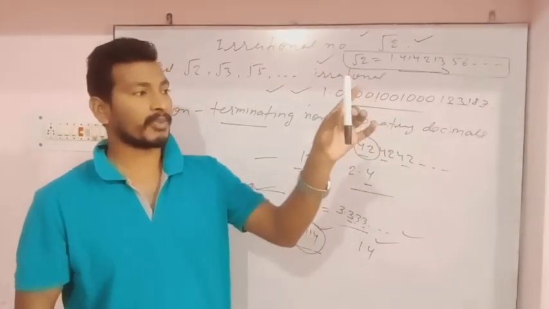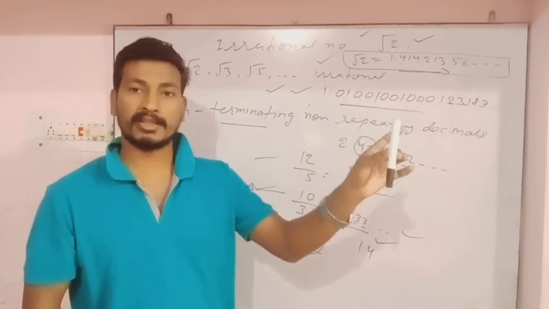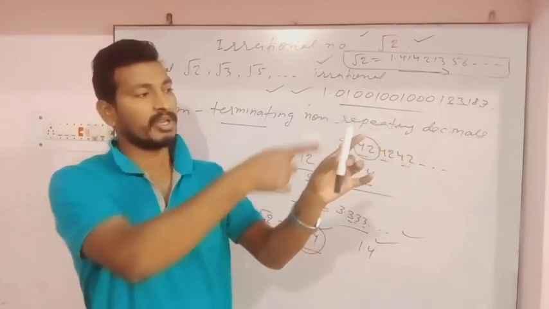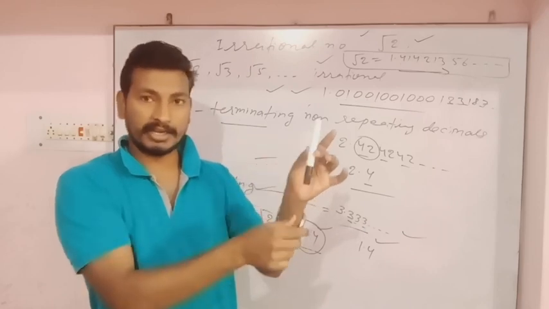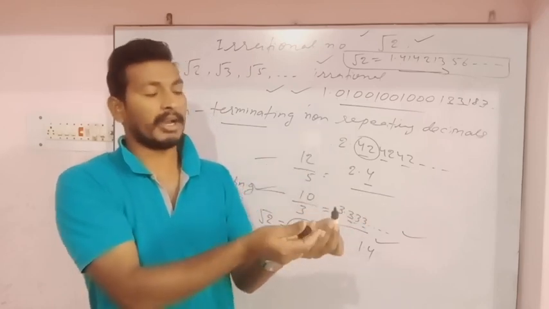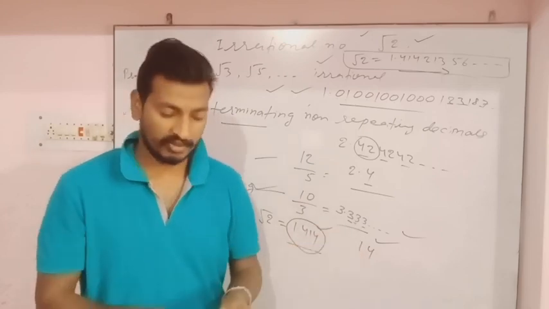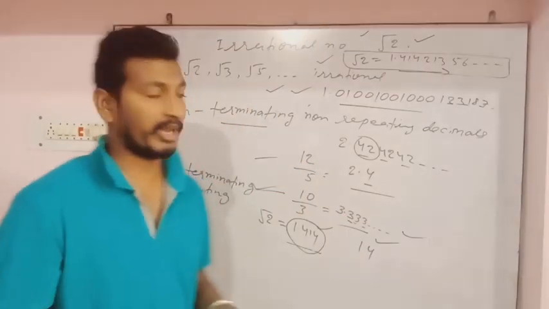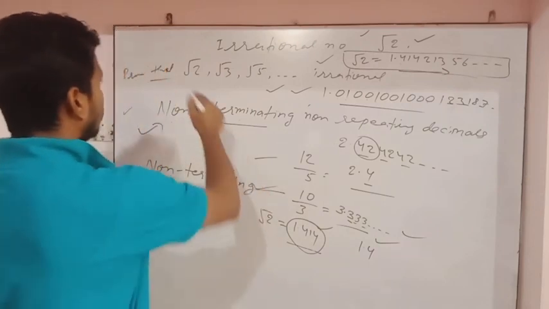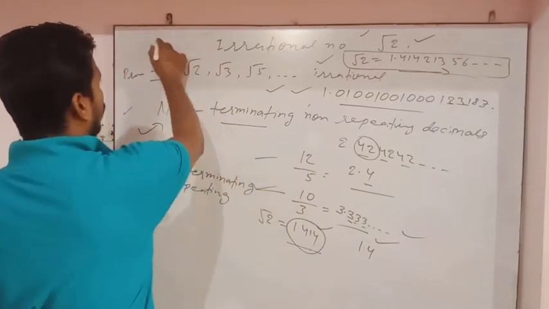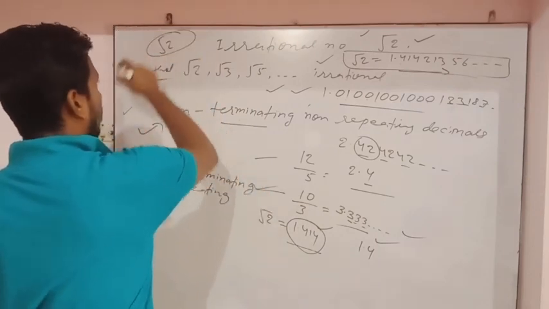Suppose this is a pencil, then we prove that in a pencil there is a lid and there is no ink, so this is a marker. By using this method, we prove root 2 is an irrational number.